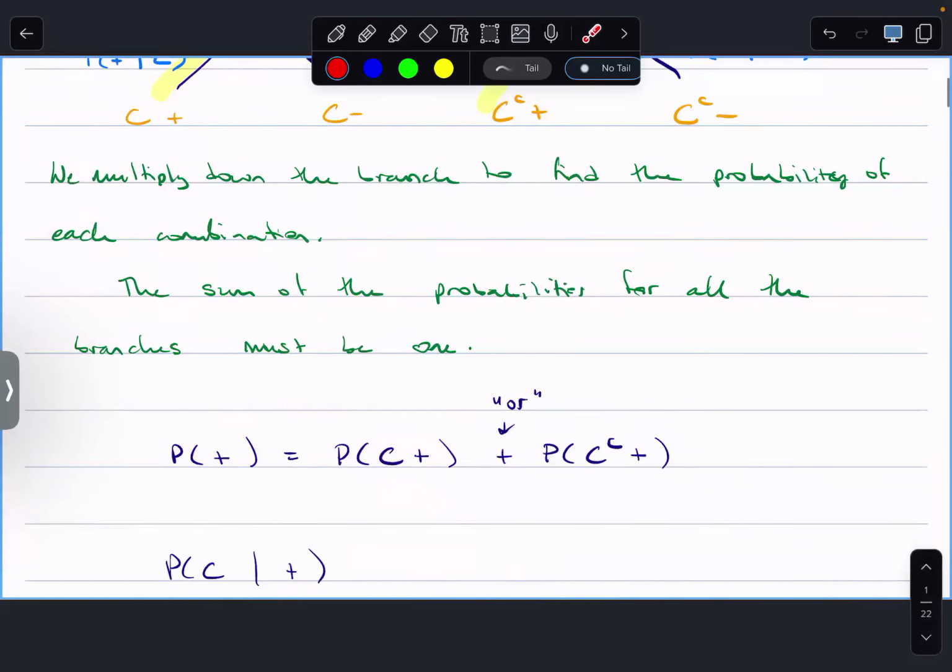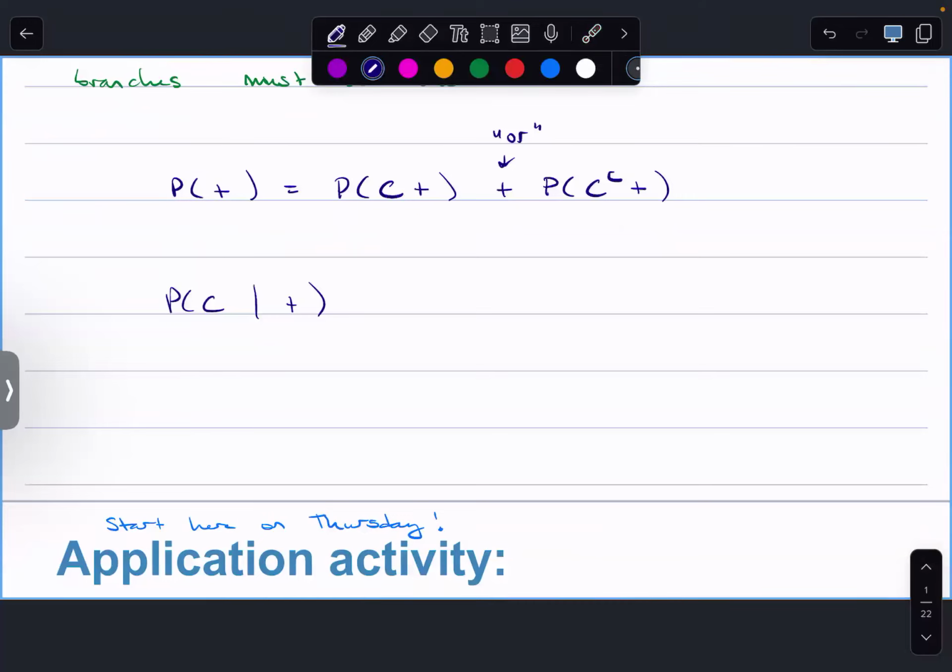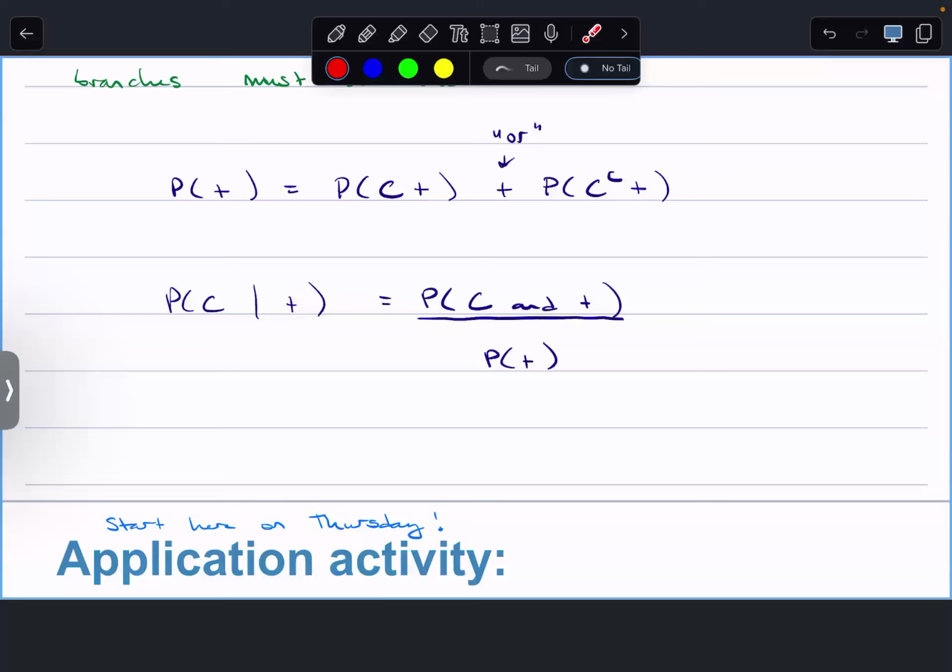So then this became the probability of the first and the second, which we've just been denoting as C and plus, divided by the probability of a positive, the probability of the second.